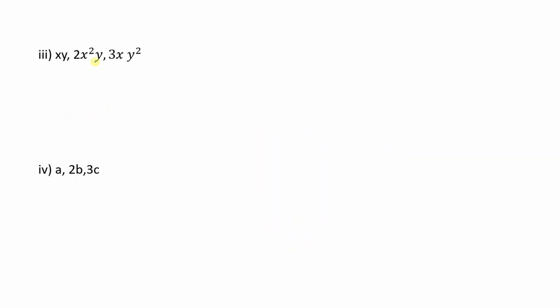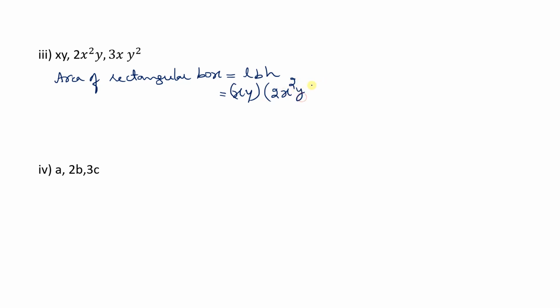Next, xy, 2x square y and 3xy square. It is the same. Volume of rectangular box is equal to length into breadth into height. Length is xy, breadth is 2x square y and height is 3xy square.